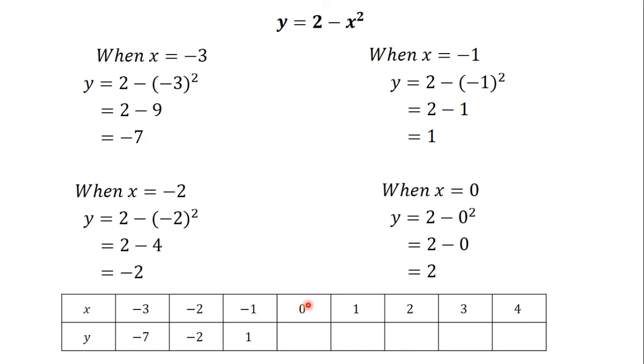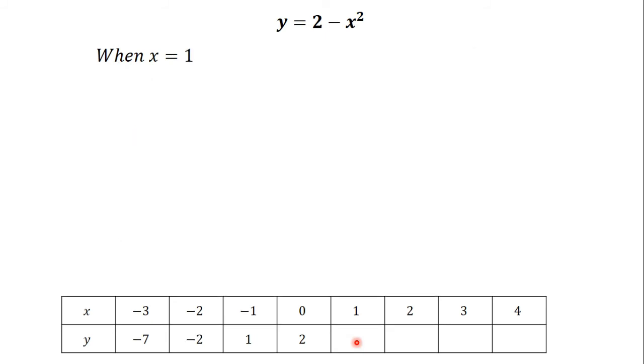So when x is 0, y is 2. We move on to the next x value, which is 1. When x is equal to 1, y will be equal to 2 minus 1 squared. 1 squared is 1, so we have 2 minus 1, and 2 minus 1 is 1. So when x is 1, y is also 1.